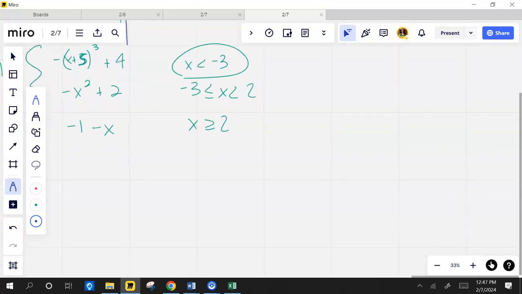So with that said, first thing I would do is plug in the restricted point, which is -3. When x is -3, what is y? -3 plus 5 is 2. 2 cubed is 8. -8 plus 4 is -4. That's your first point.